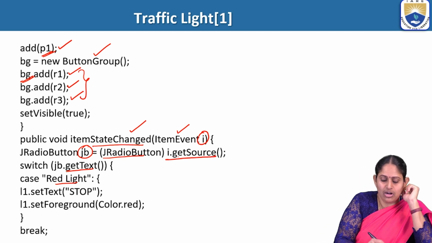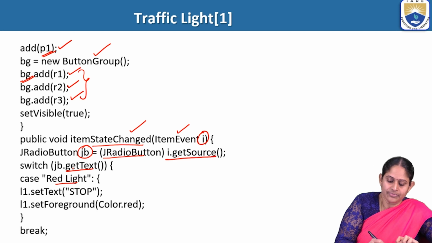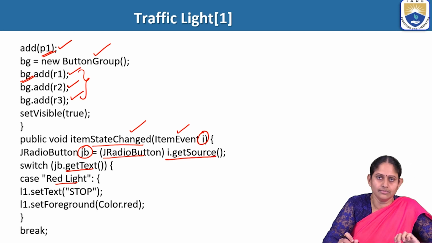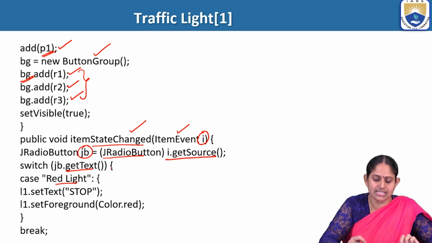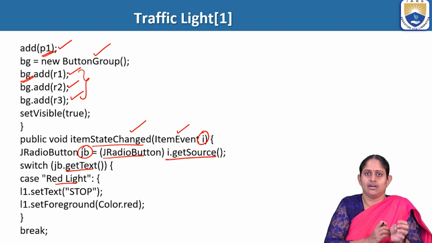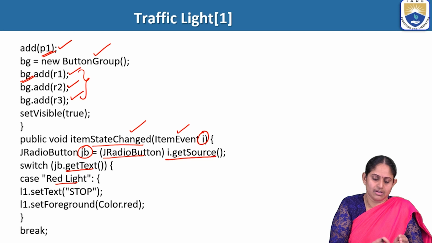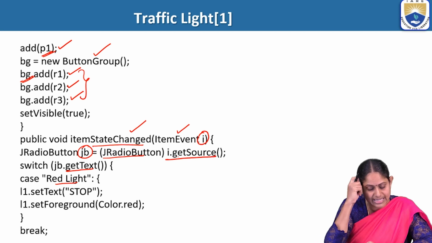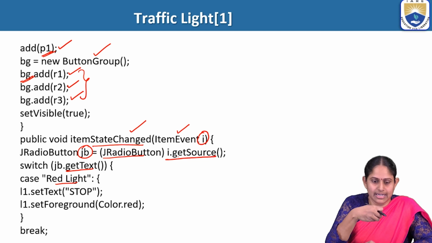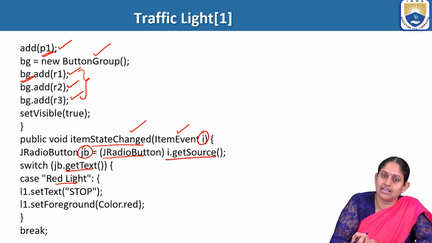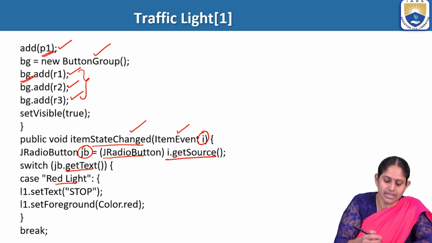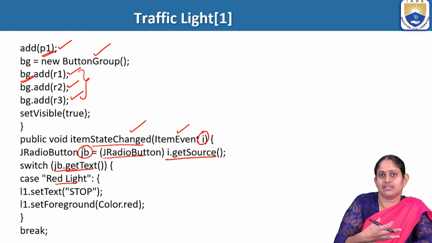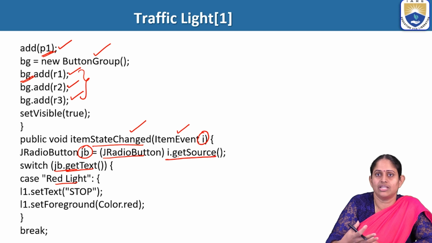So when we call the getText method, it will retrieve the text which is stored on the radio button. So for the red radio button, the text will be red light. So this jb.getText method will extract the text which is written on this radio button.